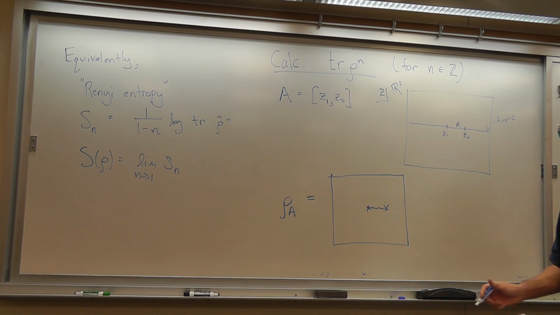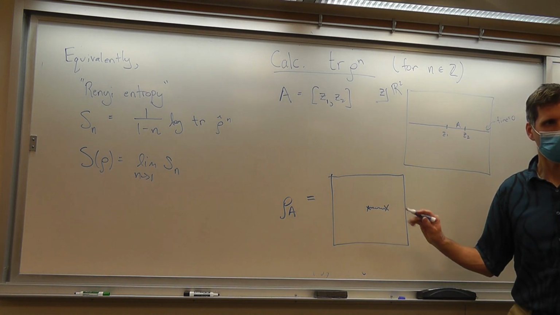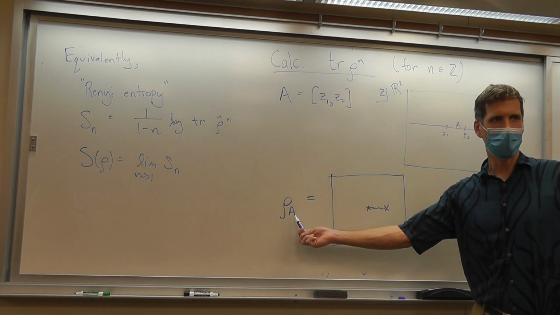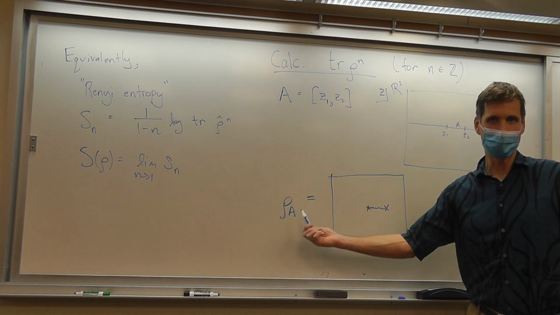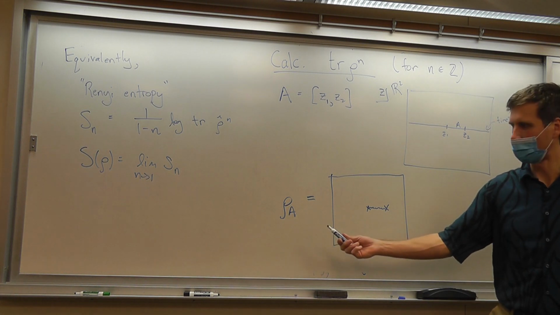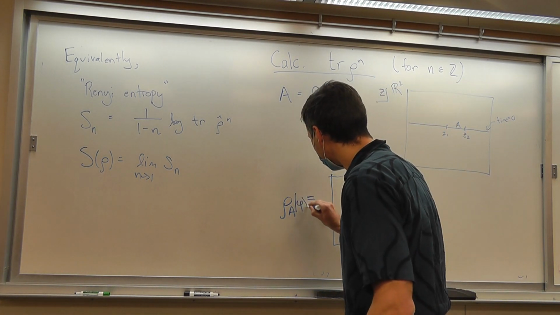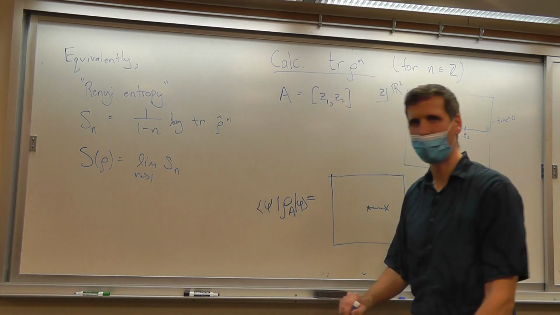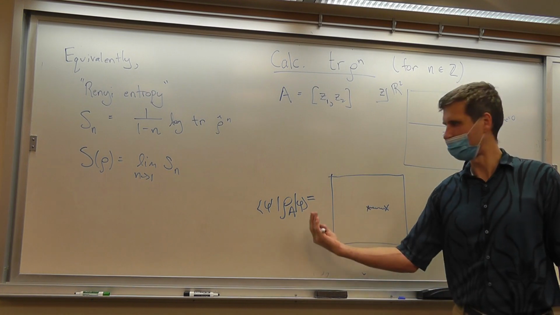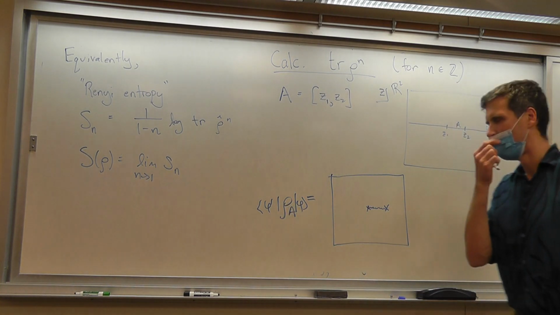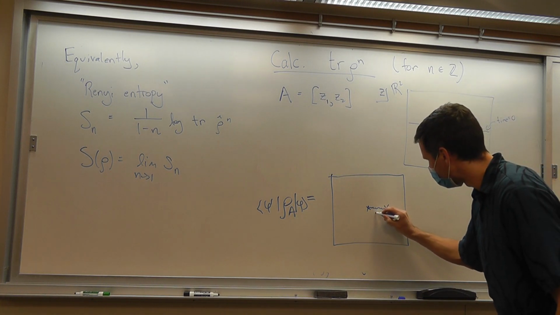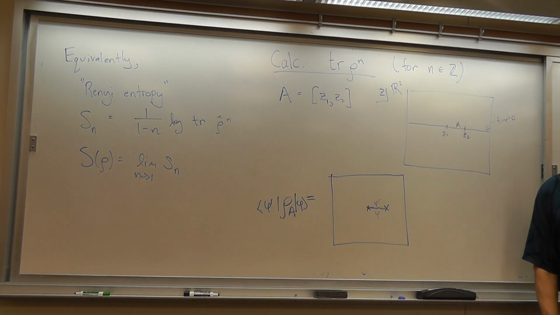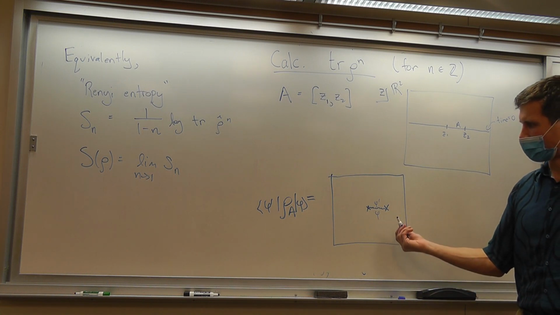So first of all, what does this picture mean? Rho A is an operator on region A. So you should think of this as accepting inputs, which are field data on region A. It has two legs for the bra and the ket. And those two legs correspond to the field data that you put above and below this cut as boundary conditions on your Euclidean path integral. So that's what this picture means.